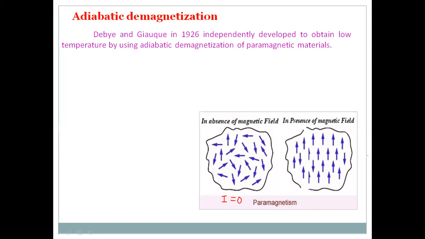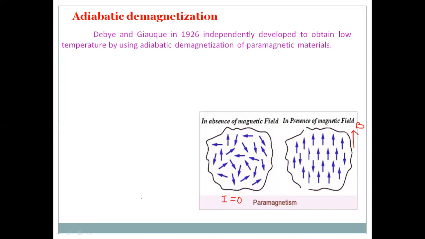And this second diagram shows that in the presence of a magnetic field, when the magnetic field is placed along this direction, all the molecules in this paramagnetic material are also aligned along the direction of the magnetic field.